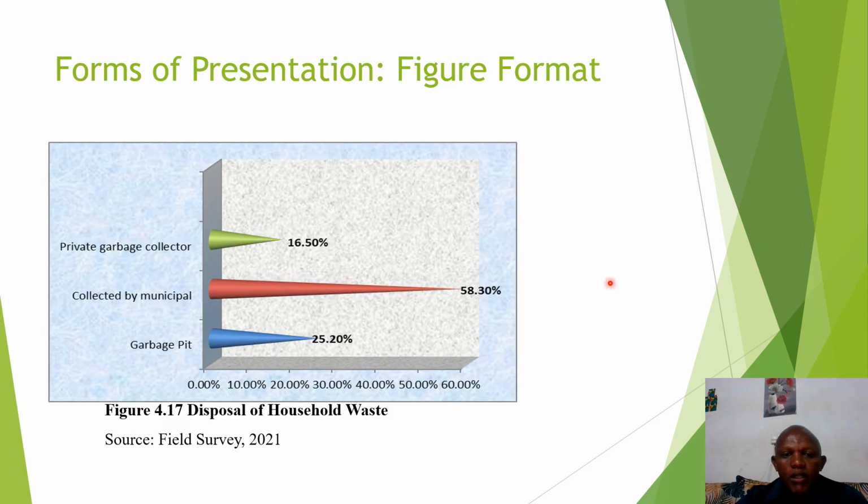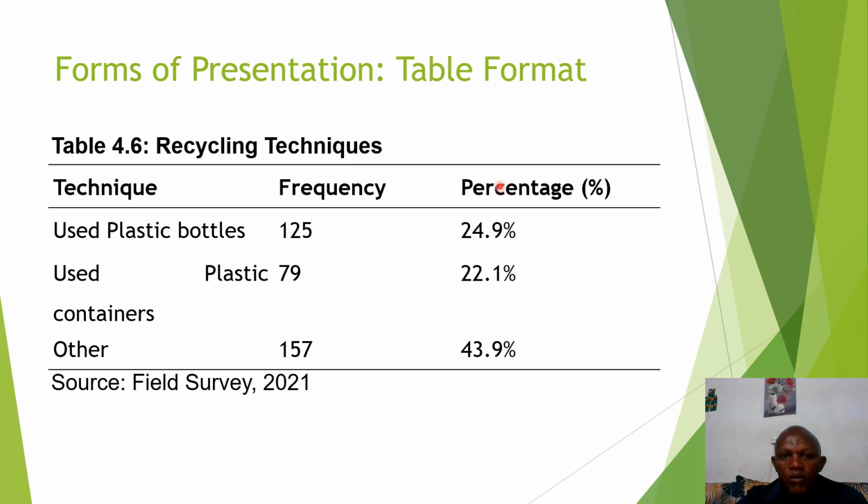You can also have another way of presenting the figure. That was a pie chart. Now you have this kind of bar chart, and again, the title is below, as you can see. And then the last example here would be a table.